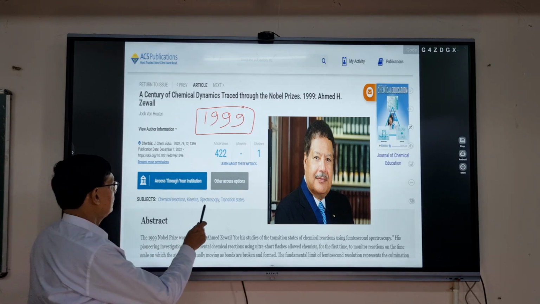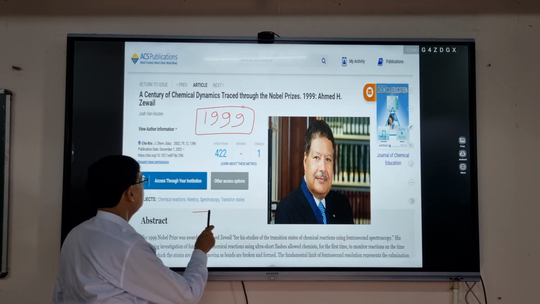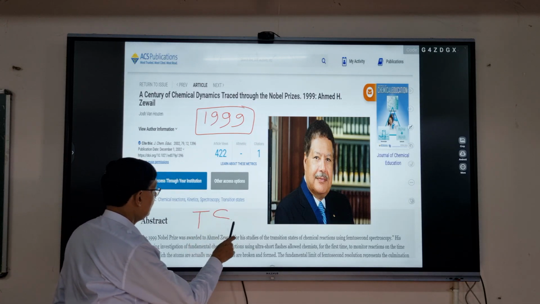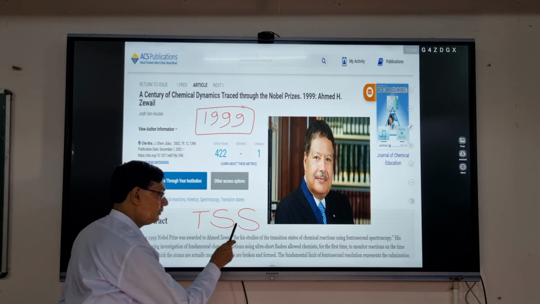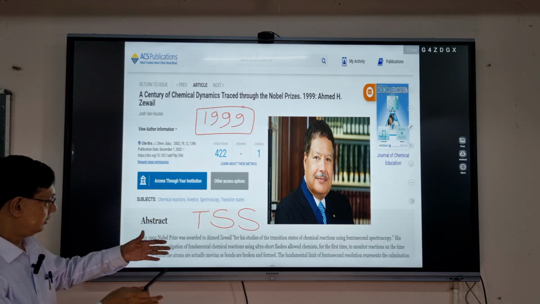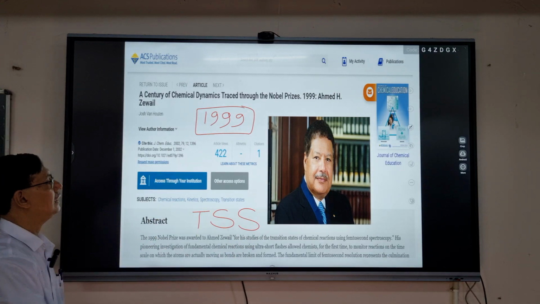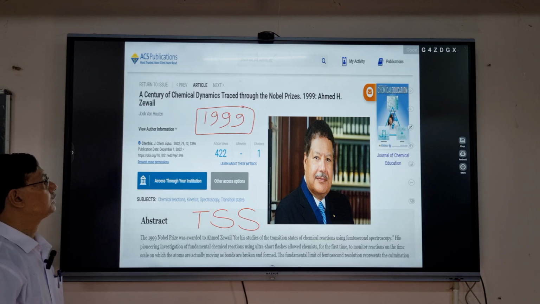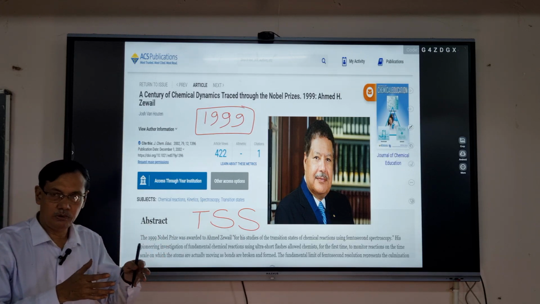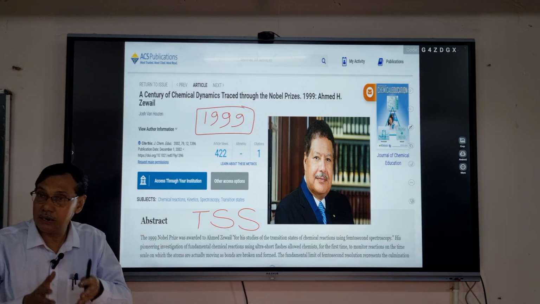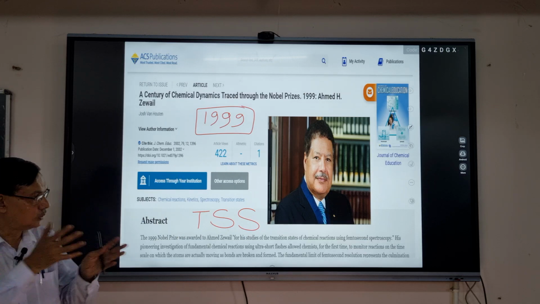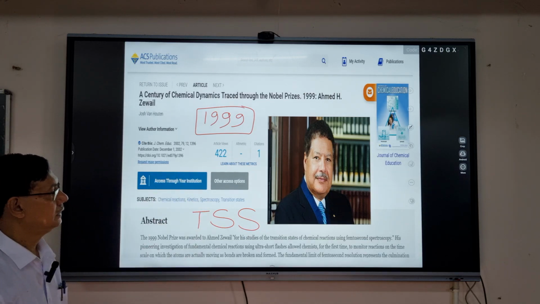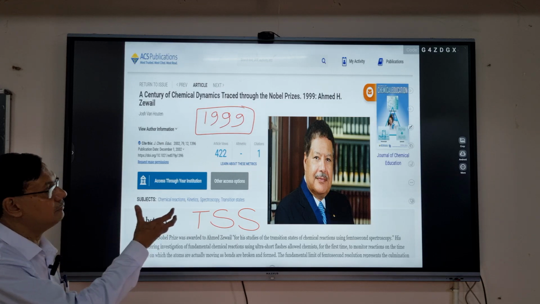Therefore, sometimes it is called transition state spectroscopy. In this fast reaction technique, we will not study femtosecond spectroscopy, but when we talk about molecular reaction dynamics, then of course we will discuss his contribution as well.